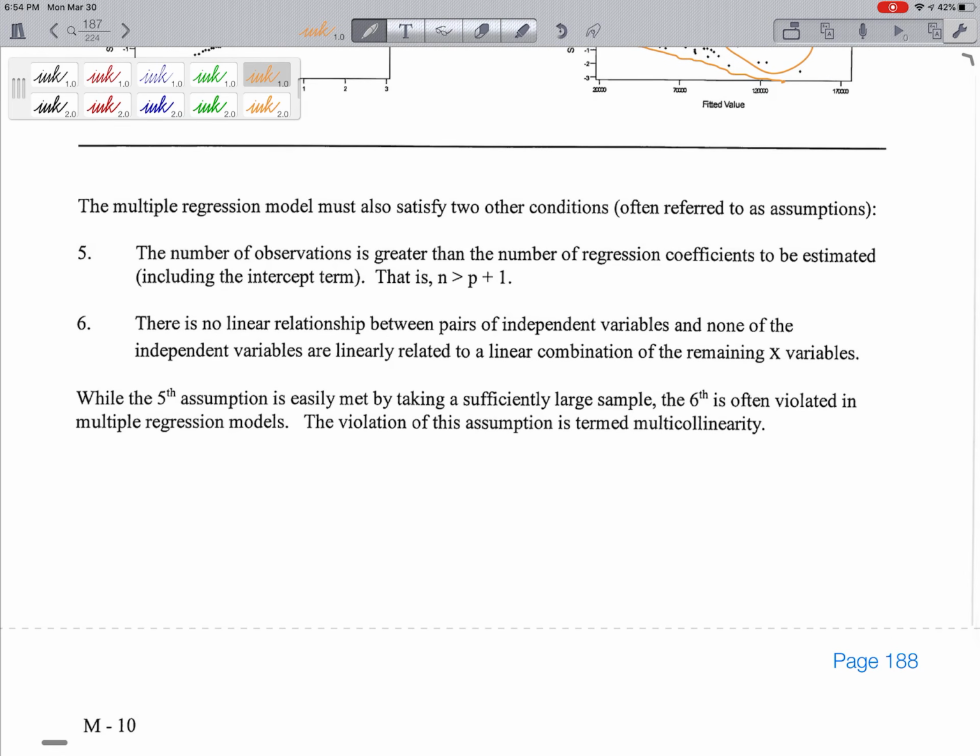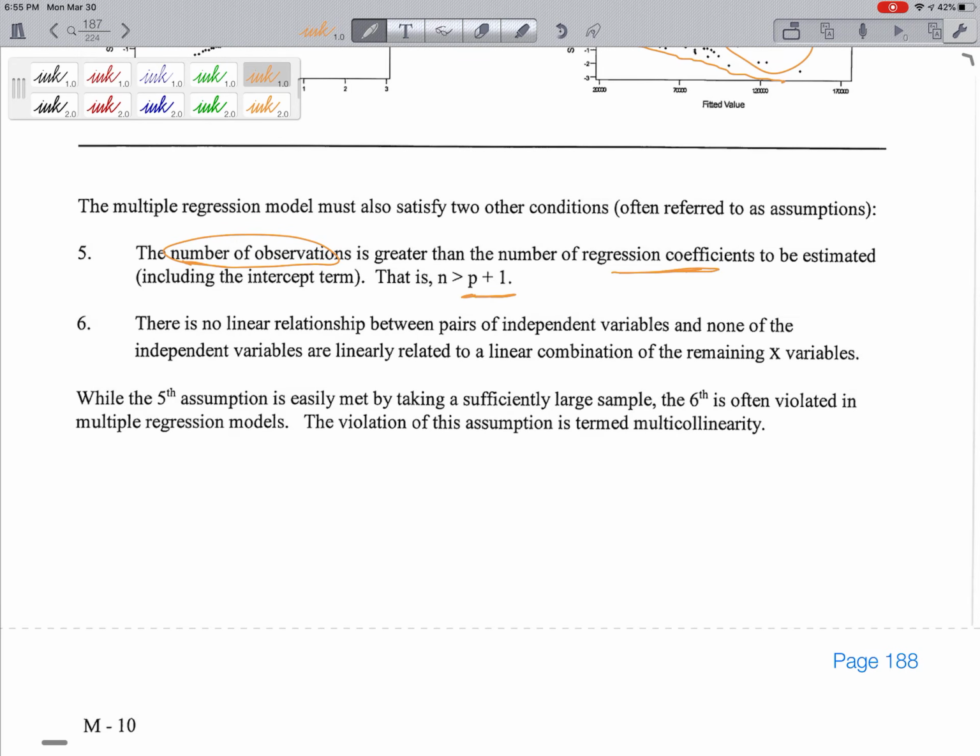Multiple regression model must also satisfy 2 other conditions or assumptions here, and this first one here actually works for simple linear regression as well, but it says here that the number of regression coefficients to be estimated, p plus 1, must be less than the number of observations.